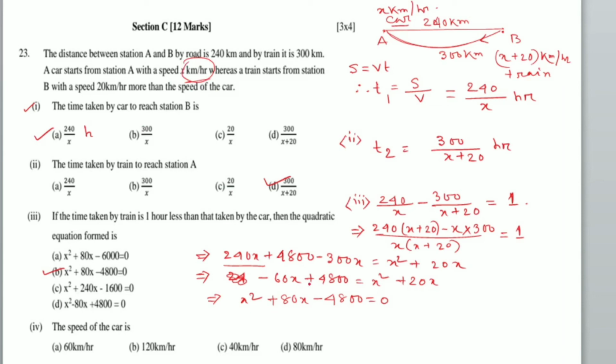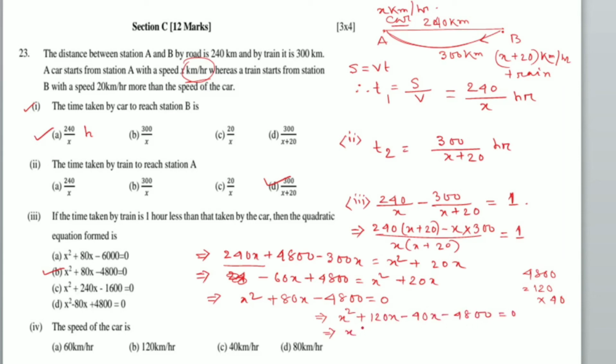So from here we can get x square plus 120x minus 40x minus 4800 is equal to 0.